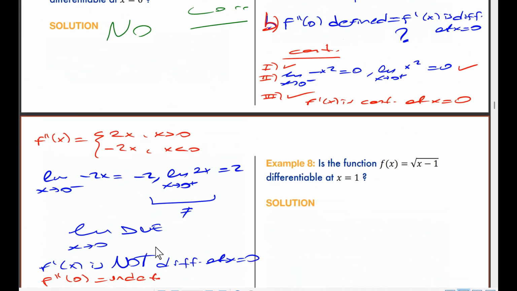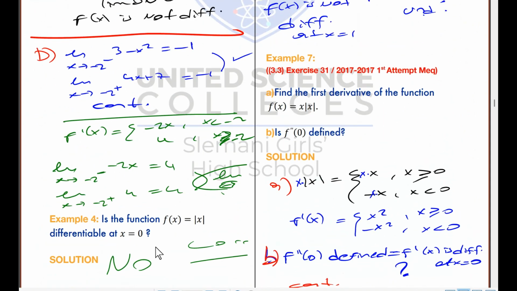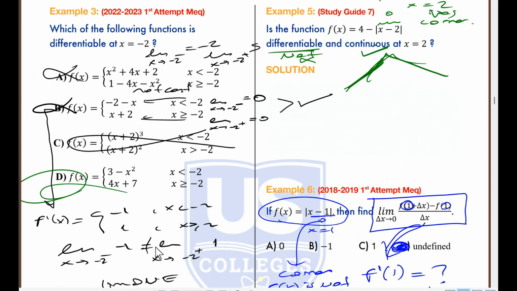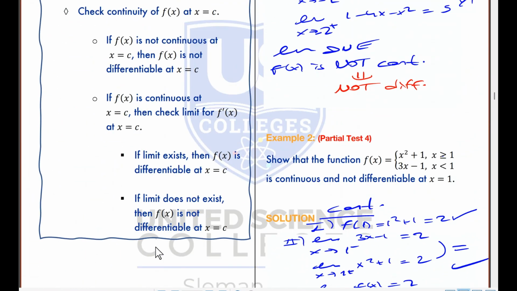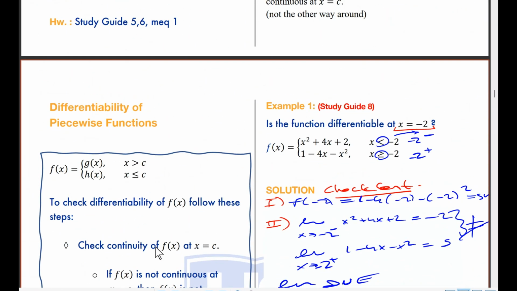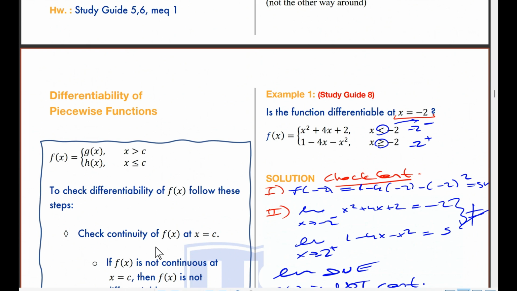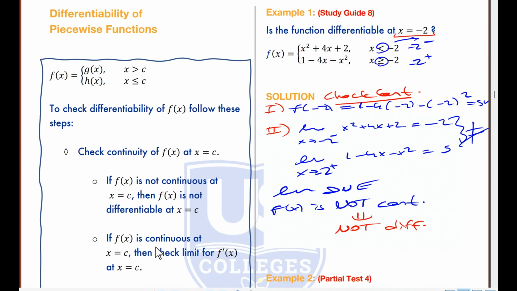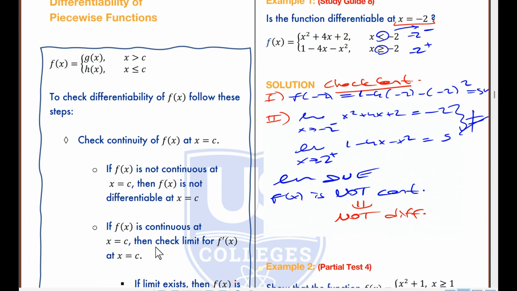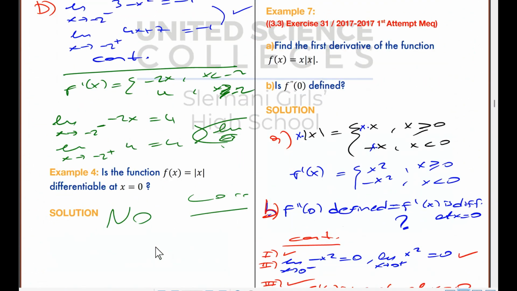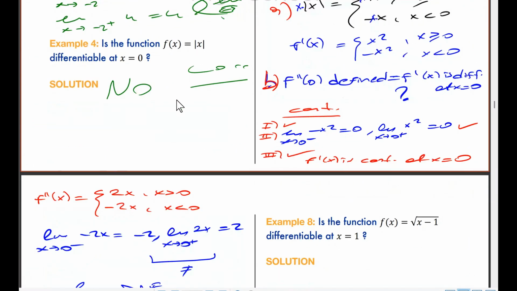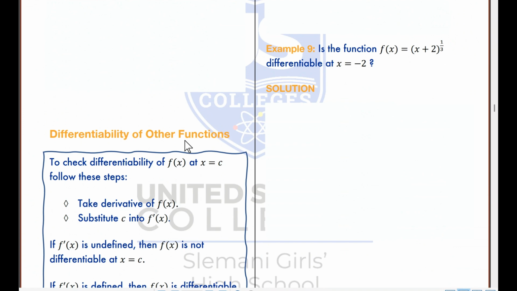We studied how to check differentiability of piecewise functions and absolute value functions, since we can write them as piecewise, the first type we studied in the first video. So the second part of this video is differentiability of other functions.